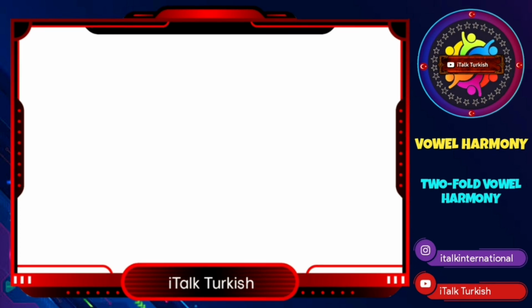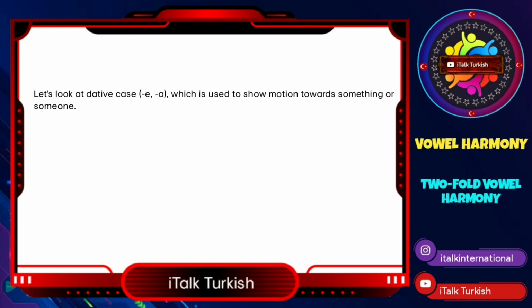Lastly, let's look at the examples of the dative case suffix. The suffix equals the preposition to in English. Masa, masaya. The rule is the same as the plural, locative case and ablative case suffix. The last vowel of masa is a.